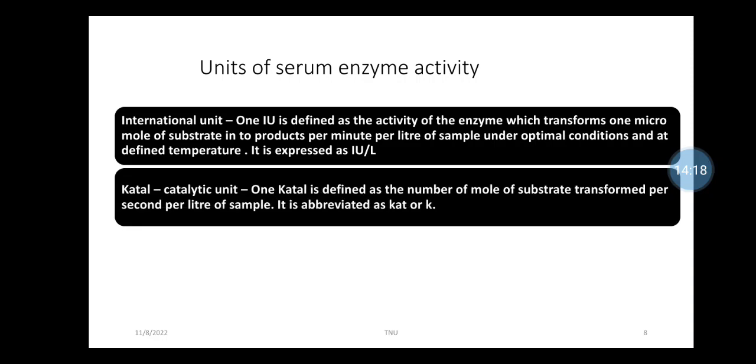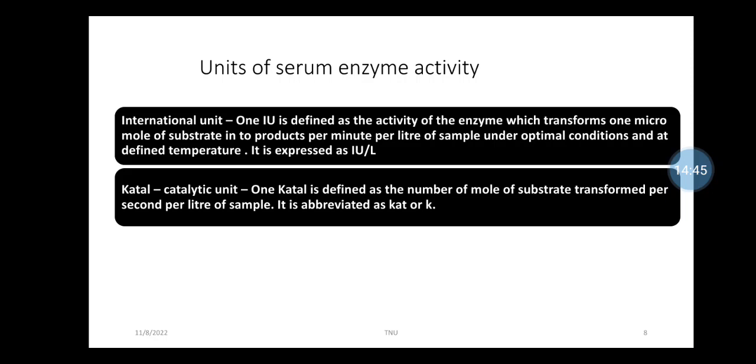Next is katal. Katal is also one of the units for enzymes, and here 1 katal can be defined as the amount of the enzyme required to transform 1 mole of substrate per second into the product.